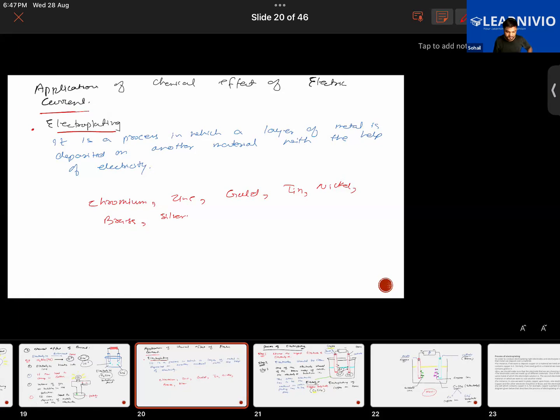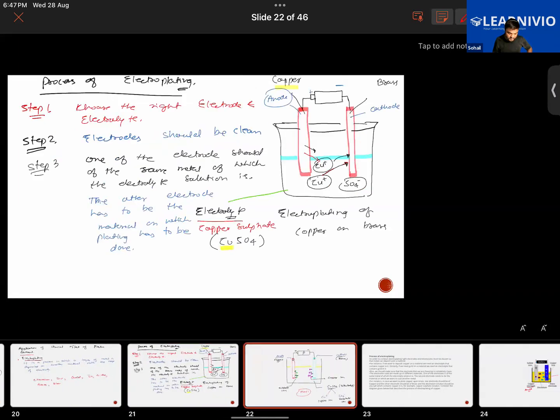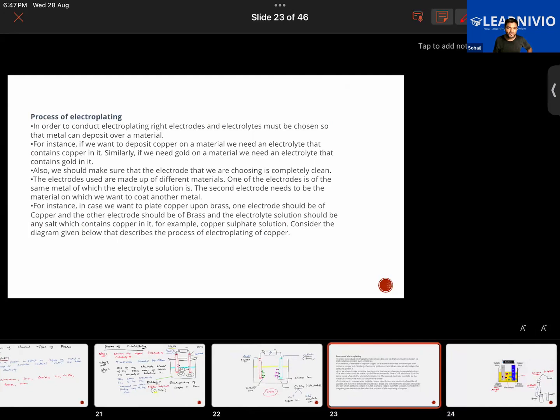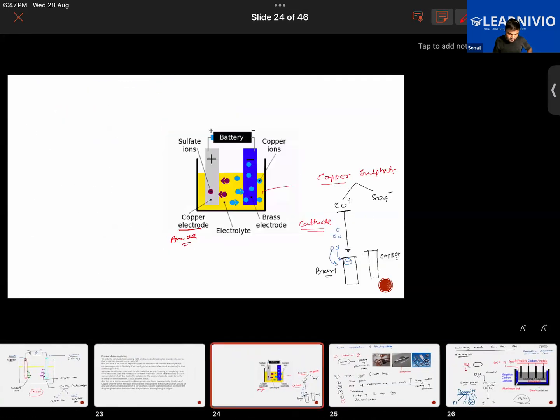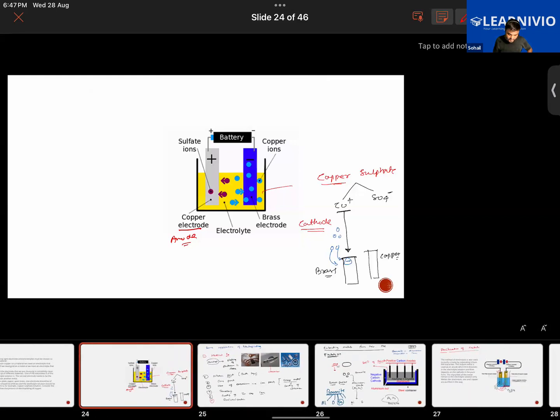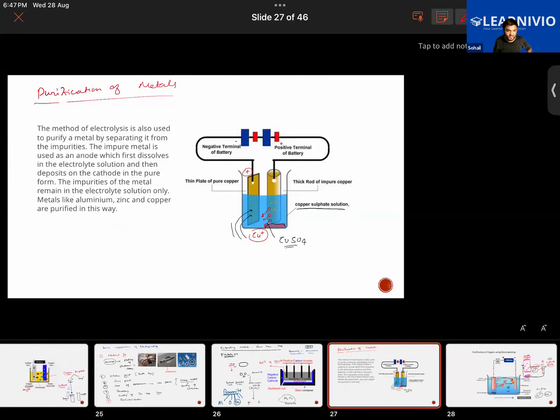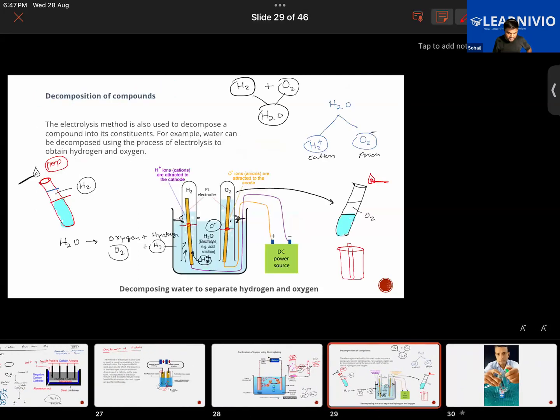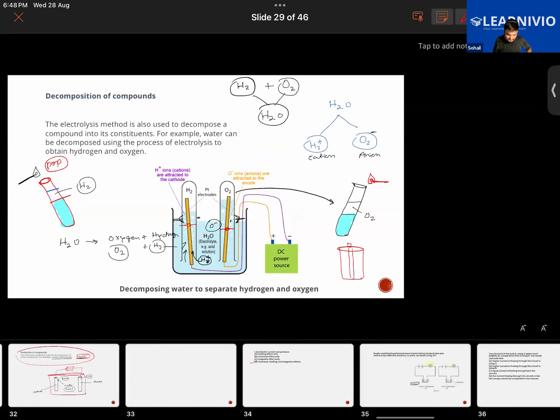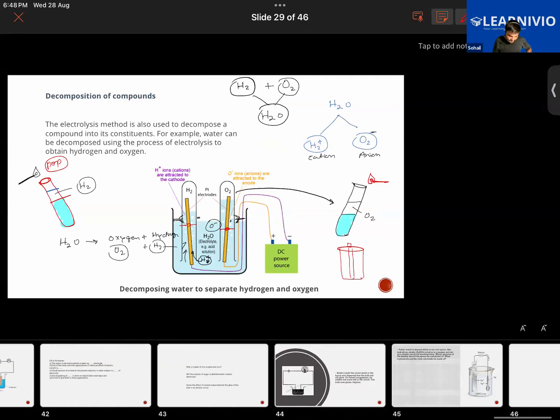Electroplating is the most common application of the chemical effect of electric current. Then we did learn about purification of metals also. We did also learn about decomposition of compounds. So that will be electroplating.